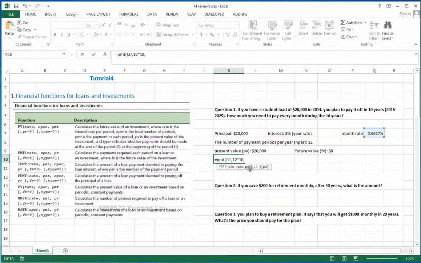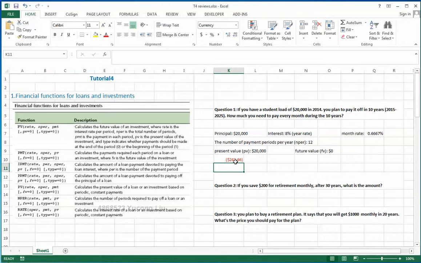Finally, we have PV. PV is the money you get today. That will be 20,000. You can see here we get a negative, which means you need to pay 242.99. Then after 10 years, you pay off the loan.